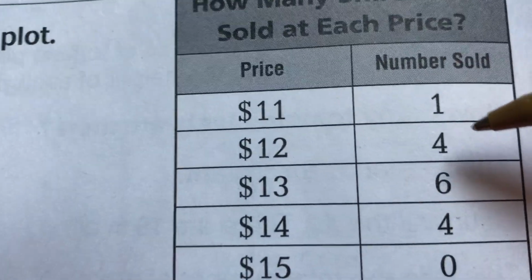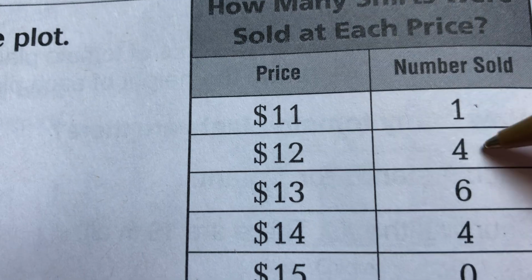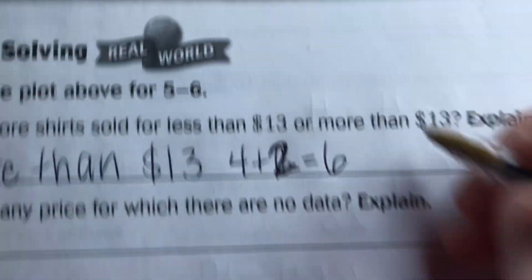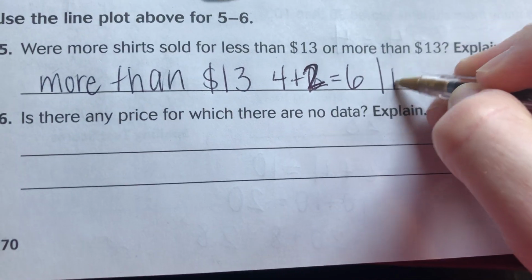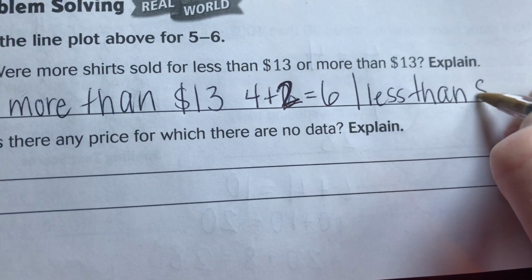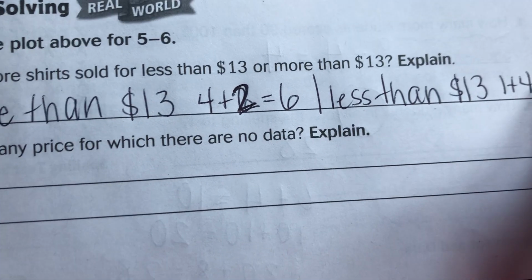Now, shirts sold for less than $13. So for less than $13, I have 1 shirt sold for 11 and 4 shirts sold for 12. So less than 13, I would have 1 plus 4, which equals 5.